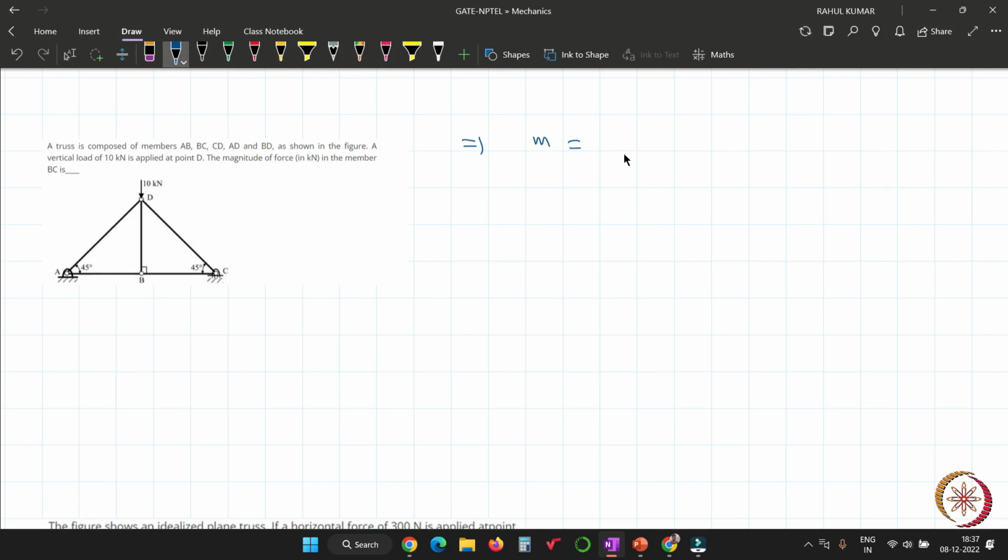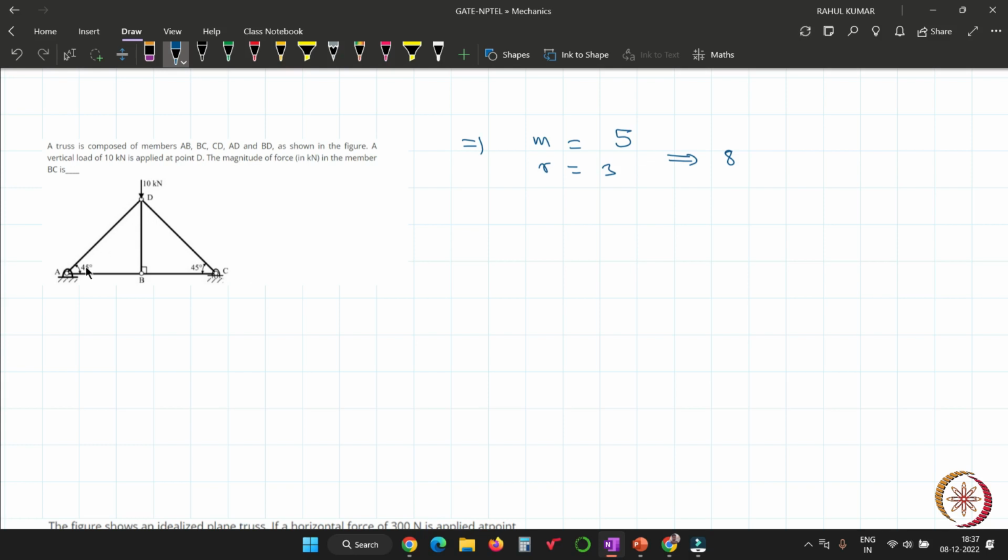Five members. So the number of reaction forces is still 3, because 2 here and 1 here. So 5 plus 3 equals 8. This is the same situation whatever I have discussed earlier.